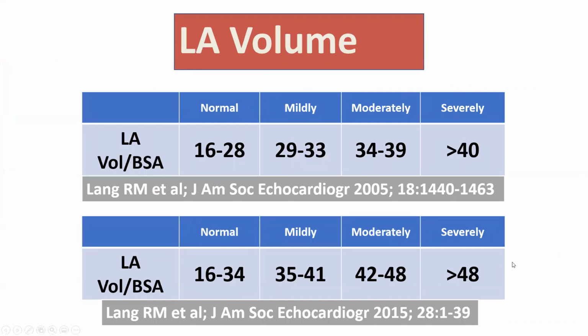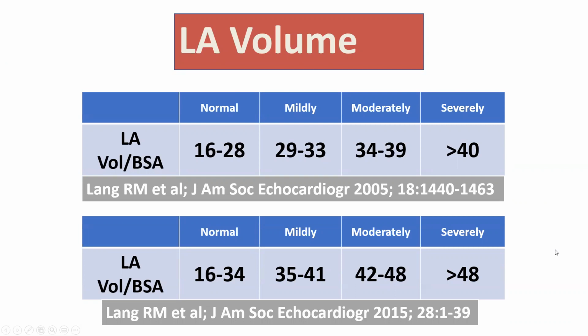One can see the partition values for left atrial size in the 2005 and in the 2015 guidelines. And according to these guidelines, anything north of 34 cc's or milliliters, when divided by the BSA, is considered abnormal.